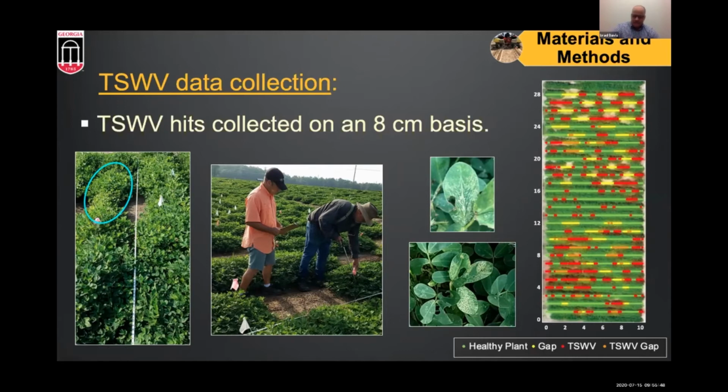That representation spawned the idea: when we're looking at these gaps, does the presence of the disease have any relation to the gap in the adjacent row, at the gap edge, or within the gap once it was replanted?